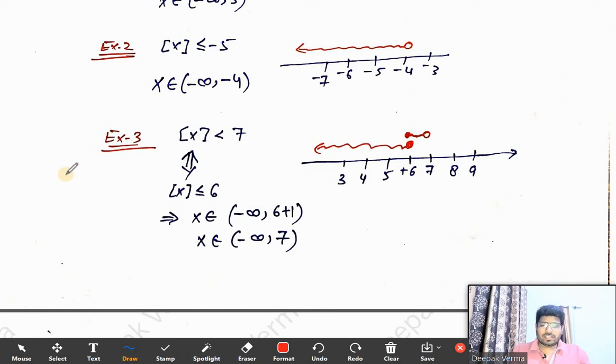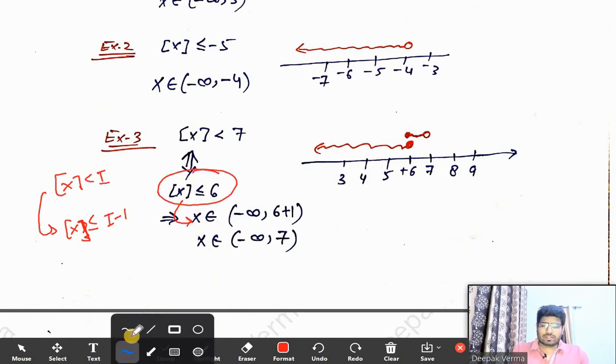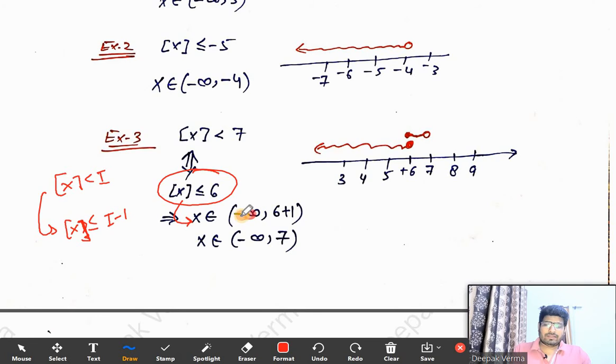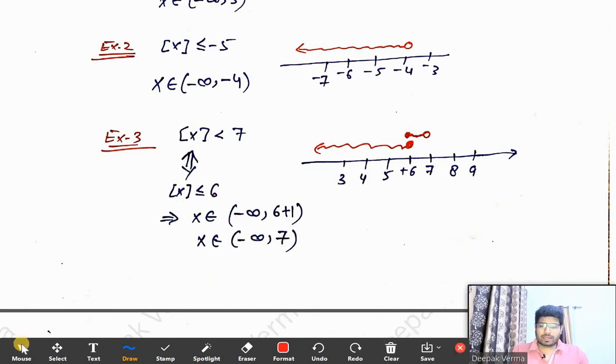It means in general, if I say box x is less than an integer I, then first write box x is less than or equal to I minus 1. Then the same process as we have done above. Now from here we can say x belongs to minus infinity to 6 plus 1, that is 7, with 7 open bracket, with minus infinity again open bracket. Is it clear?